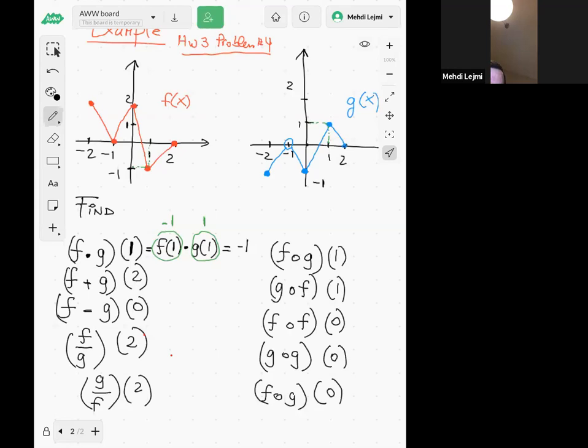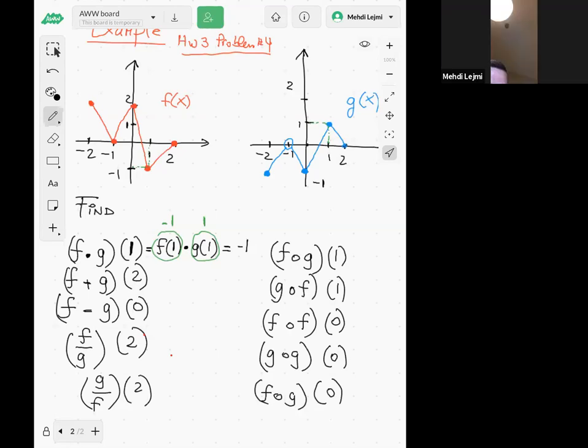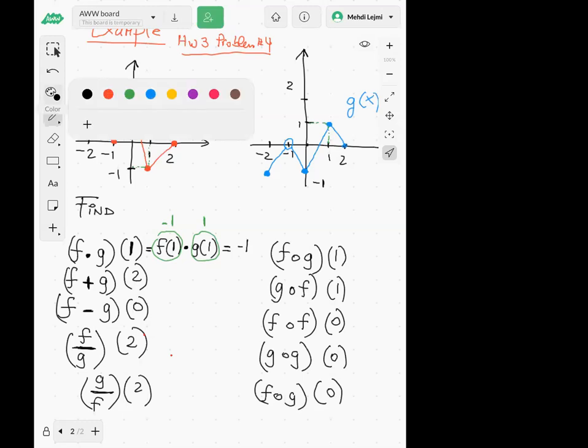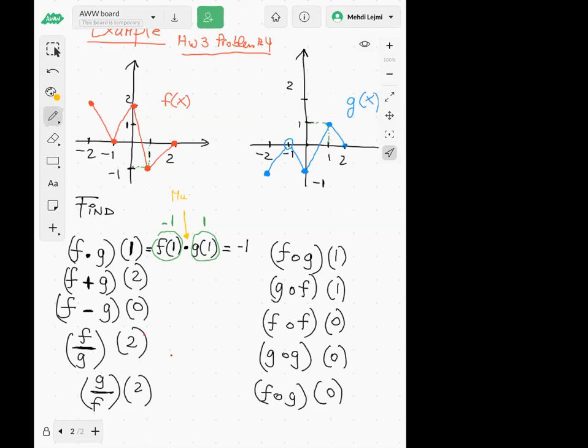This is a multiplication. For the next, it would be addition, right? This is a plus. Here it's a subtraction. Here it's division, then you would divide, right? But here this is a dot, so it's a multiplication.